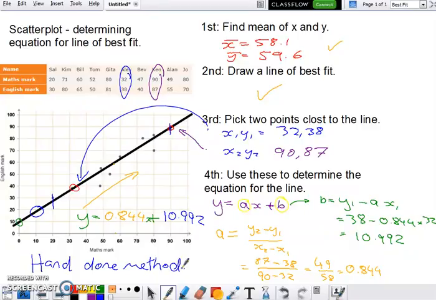It's also only using 2 points. The other thing is that you've drawn this line of best fit based on what you feel fits. So it's a bit fuzzy. It's going to be good enough to predict some things, but there's a more accurate method, which is using the calculator. The calculator takes into account all points when it does its line.